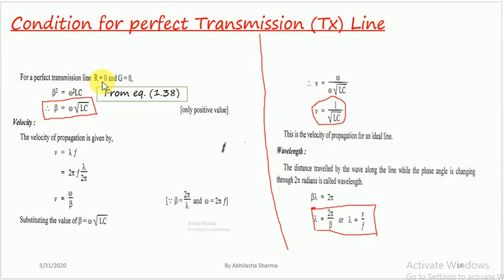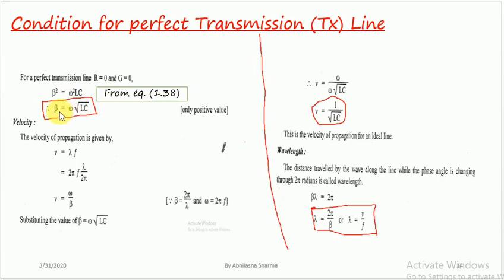R should be equivalent to 0 and G should be equivalent to 0. So whenever you put these two values in the previous equation, then the attenuation constant becomes 0, because in a perfect transmission line there is no attenuation, but of course the phase constant beta exists. Then beta square is equivalent to omega square LC, that is calculated from equation 1.32.